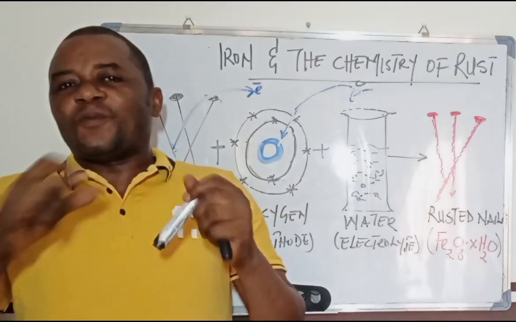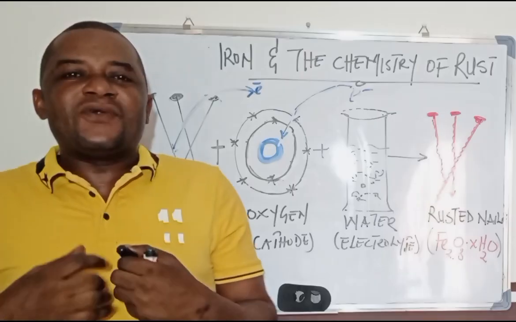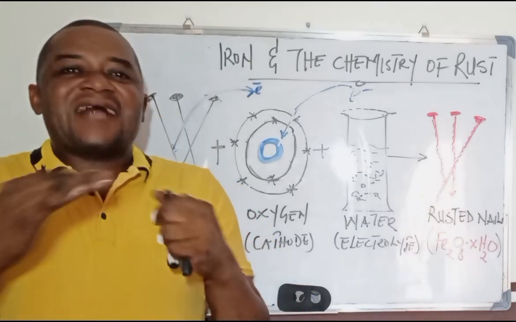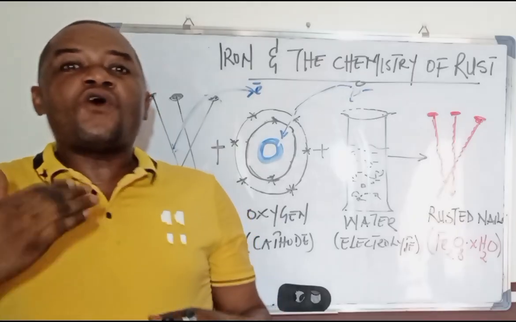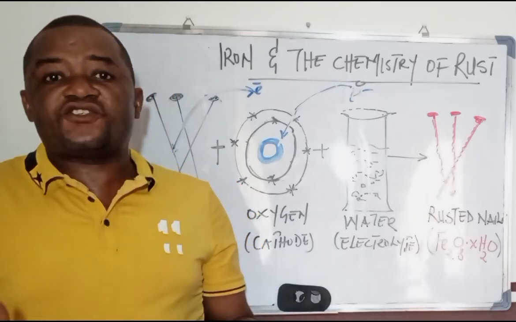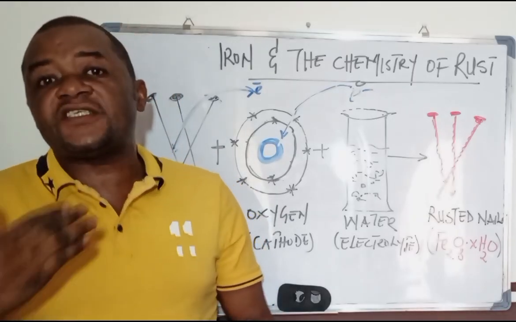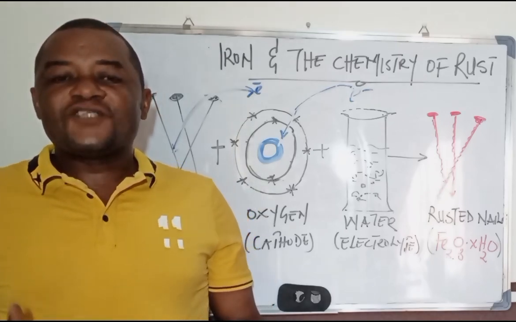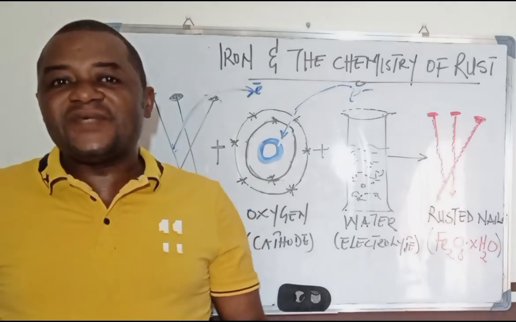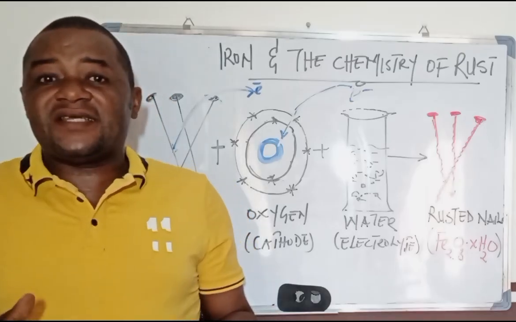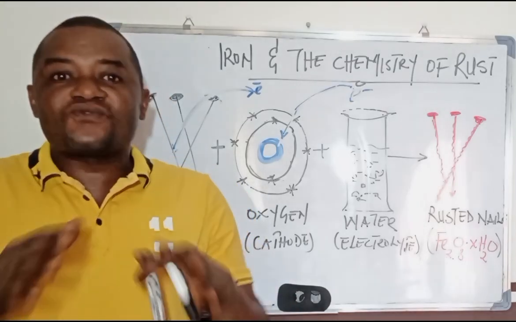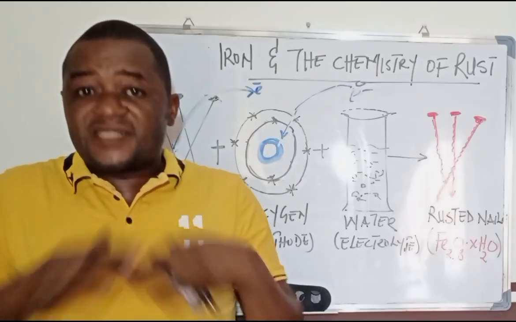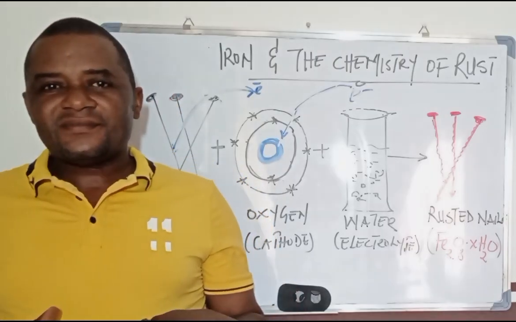So at any given opportunity, iron is unstable, is not happy, is uncomfortable in that clean state. So it will always want to go into oxidation to return to its rust form, where it is in its natural form. So you and I will always want the iron not to be in its natural form. So that's why I say yes, iron must rust, because that is the state in which iron is naturally and thermodynamically stable.